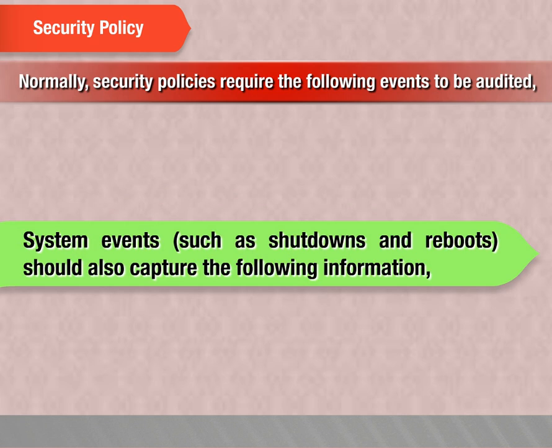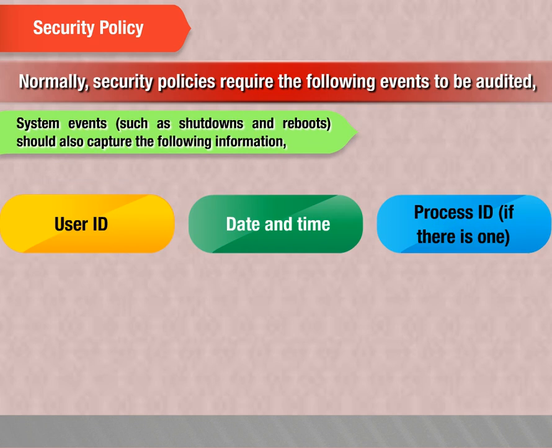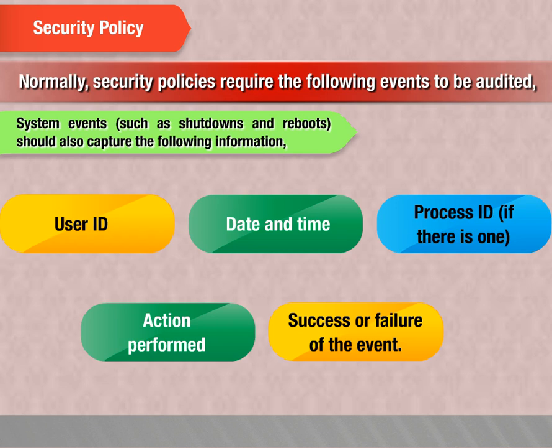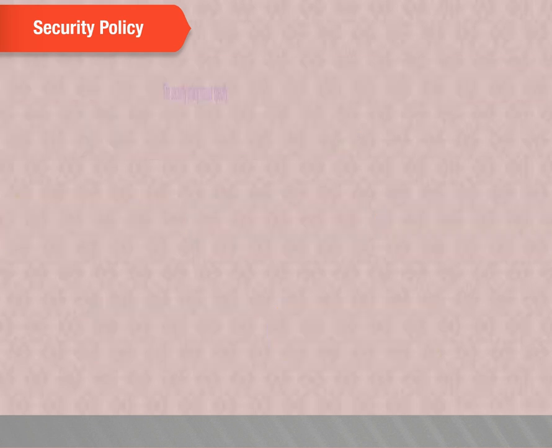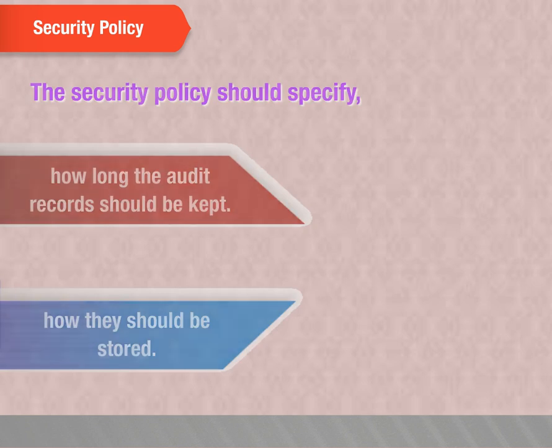System events such as shutdowns and reboots should also capture the following information: user ID, date and time, process ID if there is one, action performed, success or failure of the event. The security policy should specify how long the audit records should be kept, how they should be stored.